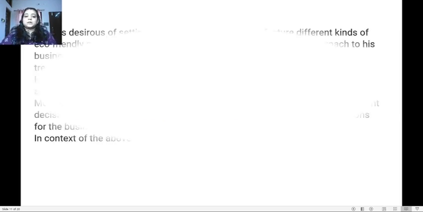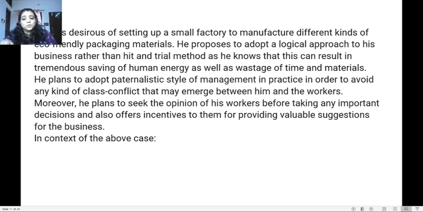Again, if I say how will you apply this? So it is a setting of a small factory to manufacture different kinds of eco-friendly packages being made by this company, right?